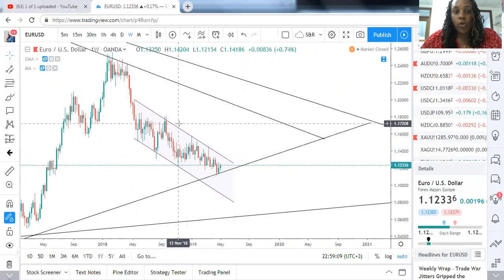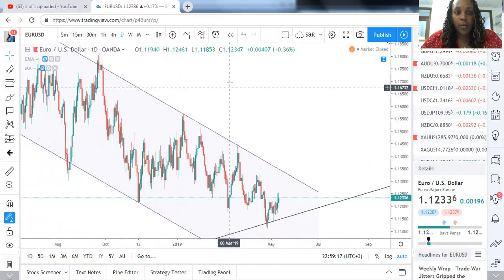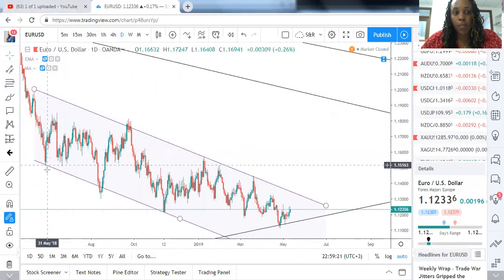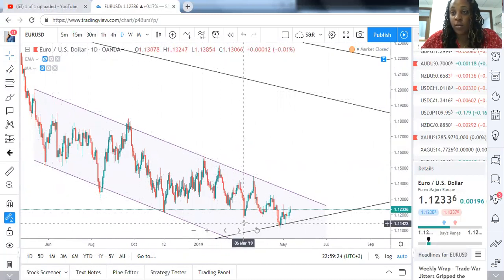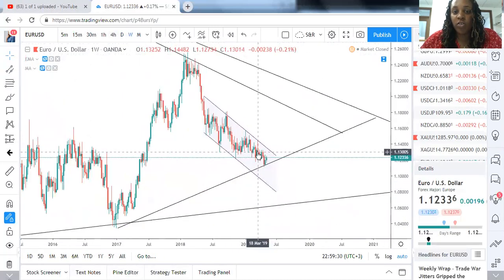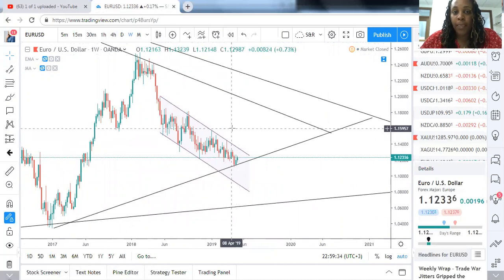Good. So what I've identified here is something called a descending channel, right? So we have a type of descending channel here where you can see how price is basically bouncing in between these two areas, right? And some persons, with flag formations, would actually call this a falling wedge, right?